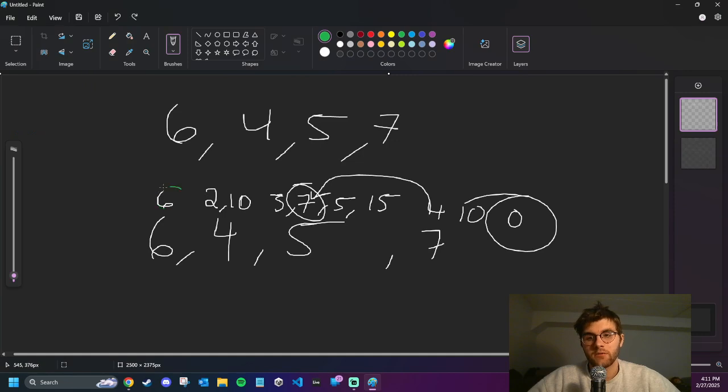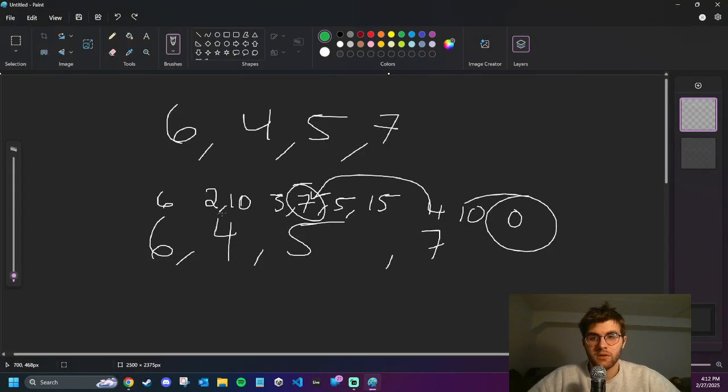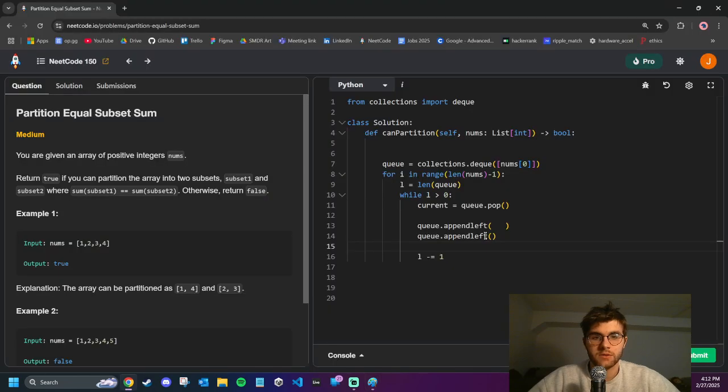So then for everything, L equals 1, while L is greater than 0, current is 6, and then we want to add this number to it and subtract from it. So say nums of I plus current, and then the absolute value of nums of I minus current, and L minus equals 1.